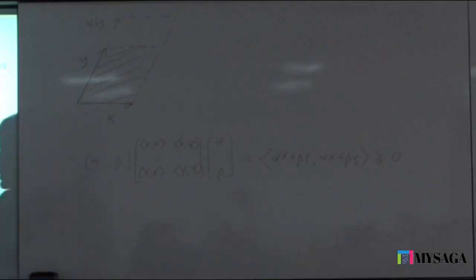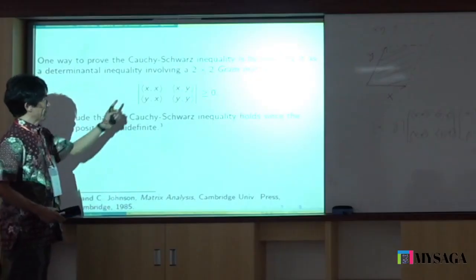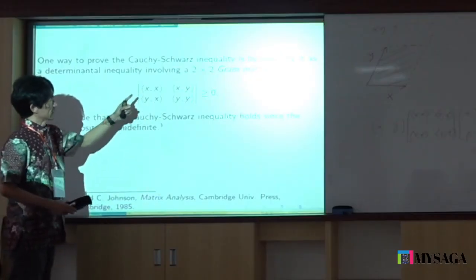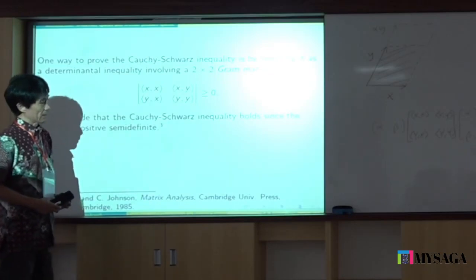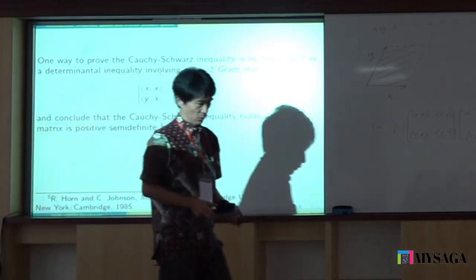So that's what I mean by positive semi-definite. Okay, and yeah, you get the Cauchy-Schwarz inequality from this determinant inequality.